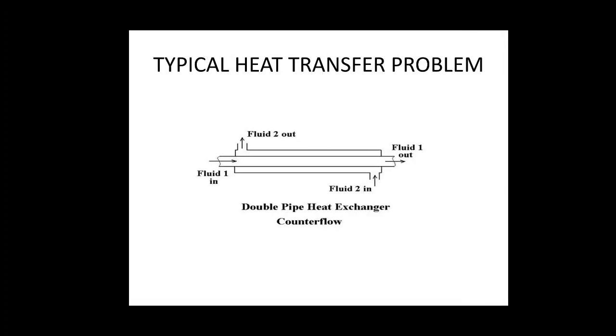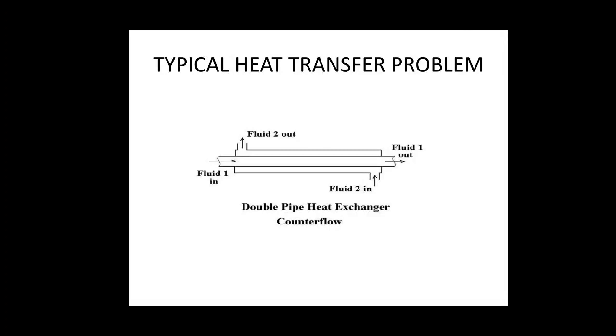So we'll discuss a few typical heat transfer problems so that you have at least a brief idea of the things we'll be discussing in this course. You can see in the image here there are two pipes. I have written here it is a double pipe heat exchanger of counterflow.